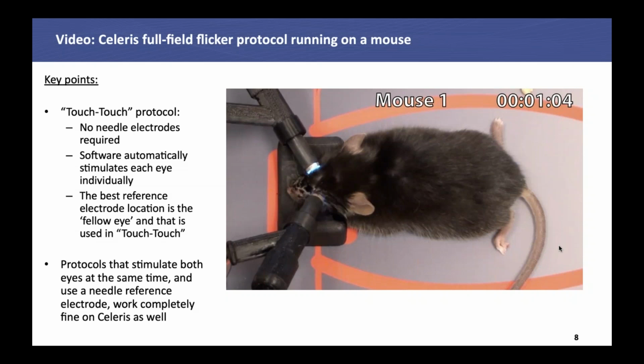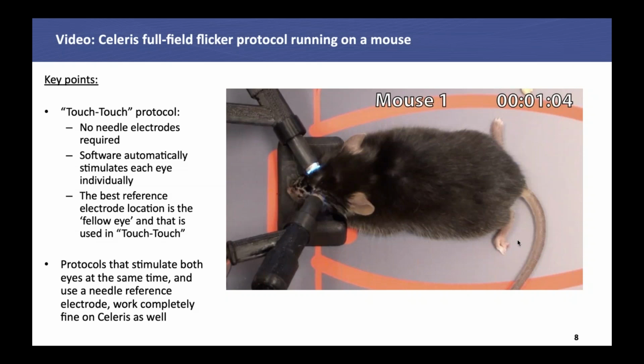When you're doing a flicker, and I'm pretty sure the video here is of a flicker, you can't have a flicker going on both eyes and use each other as a reference. So it'll record the full stimulus for the right eye, and then the full stimulus for the left eye. But you can use touch-touch to record both eyes.